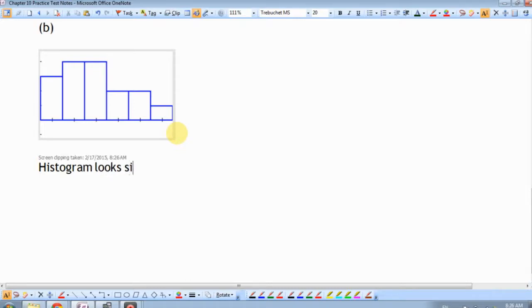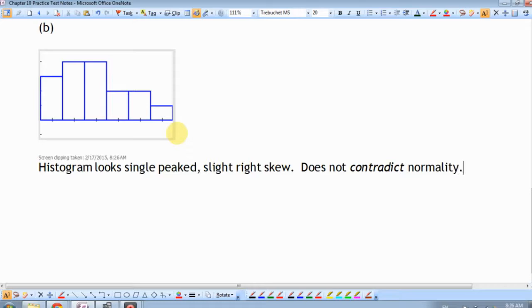Histogram looks single peaked. Slight right skew. Does not contradict normality. And you're just kind of looking for single peaked. As long as you're single peaked, you're going to be okay.